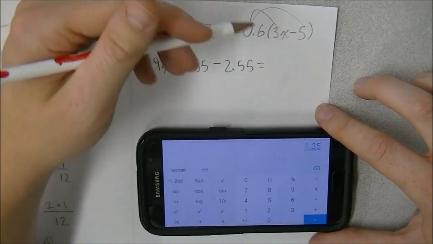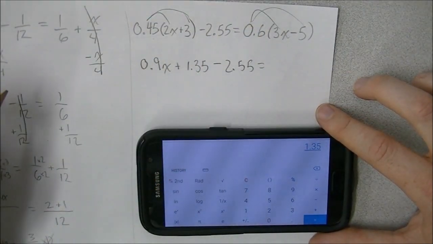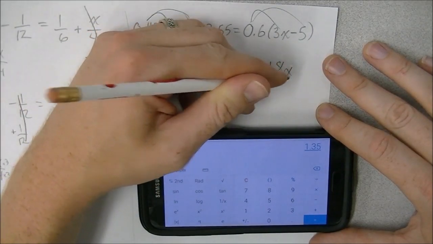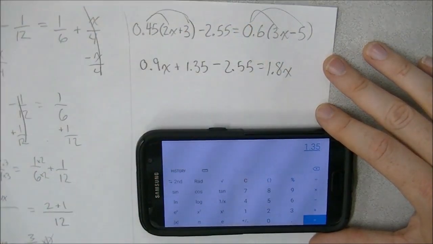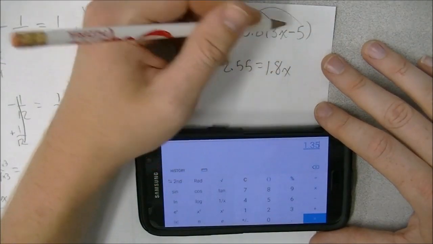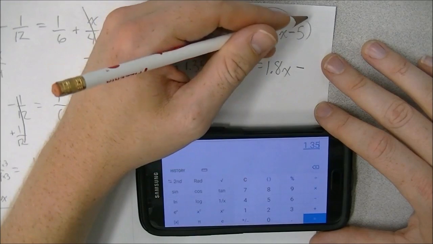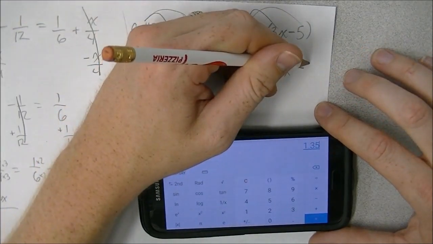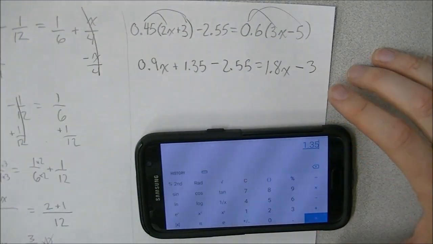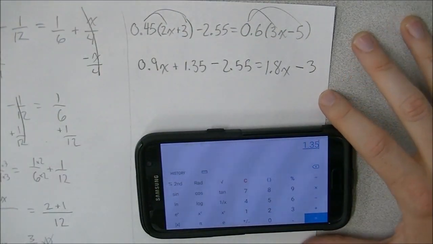And now on this side, we're distributing, so 0.6 times 3x is going to be 1.8x, because 6 times 3 is 18. Move the decimal place once. And then 0.6 times 5 is going to be 3, because 6 times 5 is 30, and you move the decimal place once. All right, good.